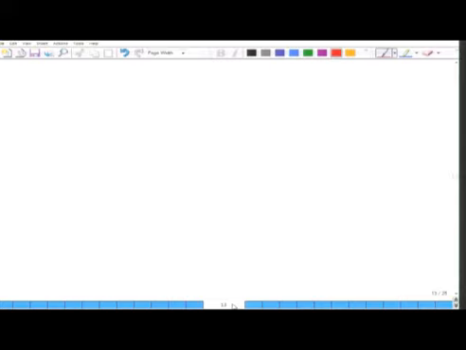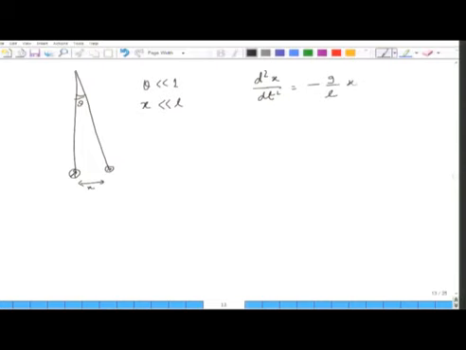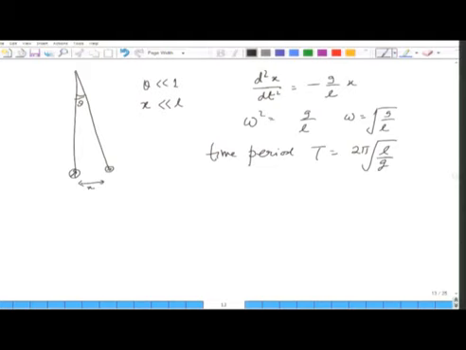So, what I have for the pendulum, for theta much less than 1, or x much less than L, is d2x over dt square equals minus g over L x, and therefore, omega square is g over L, or omega is the square root of g over L, and the time period T equals 2 pi square root of L over g.